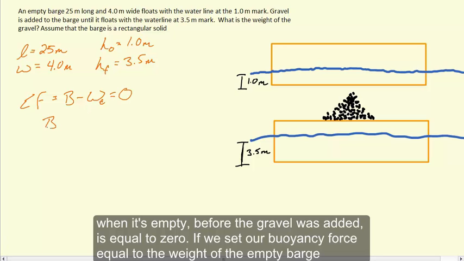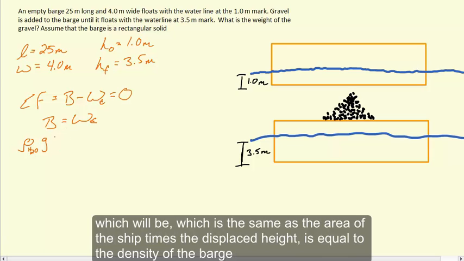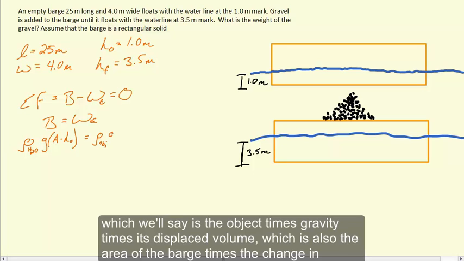If we set our buoyancy force equal to the weight of the empty barge and expand our equation, we see that buoyancy will be the density of water times gravity times the volume of the fluid displaced, which is the same as the area of the ship times the displaced height, is equal to the density of the barge, which we'll say is the object, times gravity times its displaced volume, which is also the area of the barge times the change in the water line.